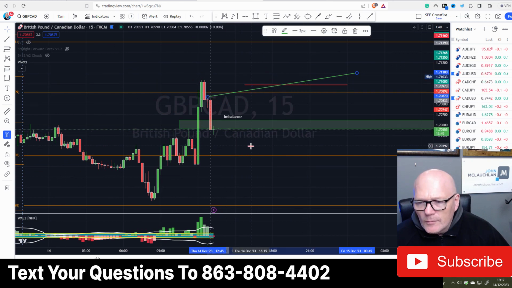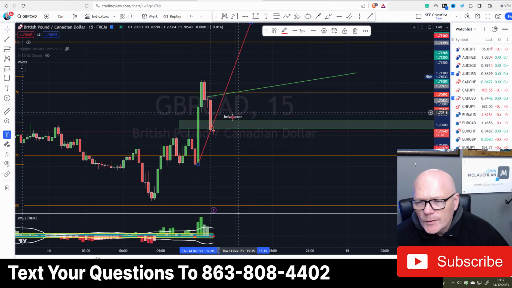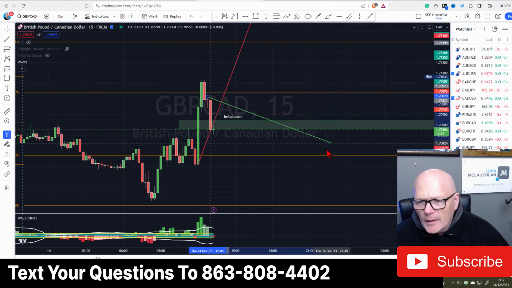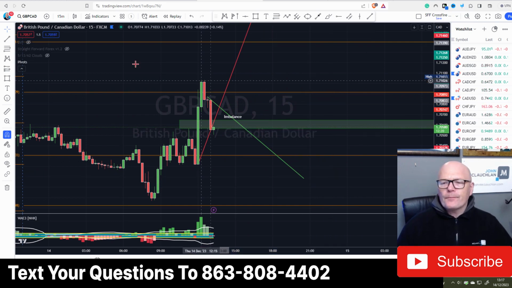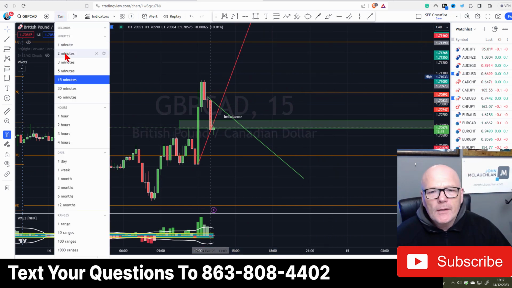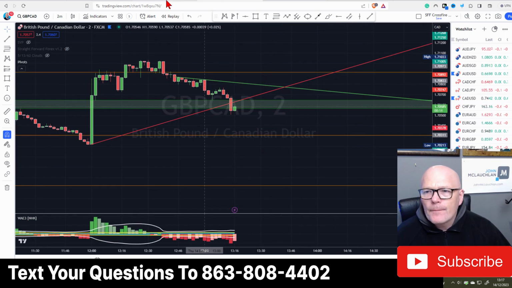The lower low. There we go. So just in the middle of the candle, because there's no wick on it, and just on top of that tiny little wick there. There we go. Put that on the 2 minutes. 2 minutes. There we go.